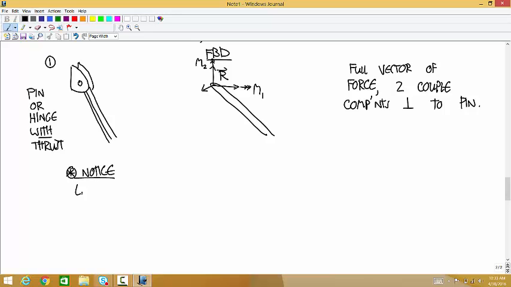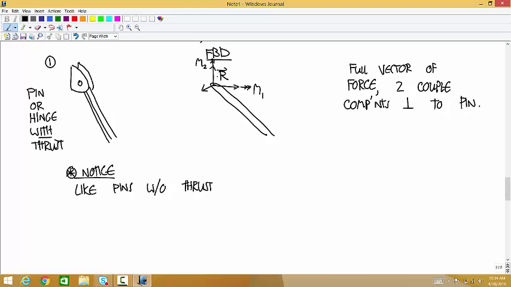And notice, like pins without thrust, if this joint is not designed to prevent these couples M1 and M2, then you leave those off.